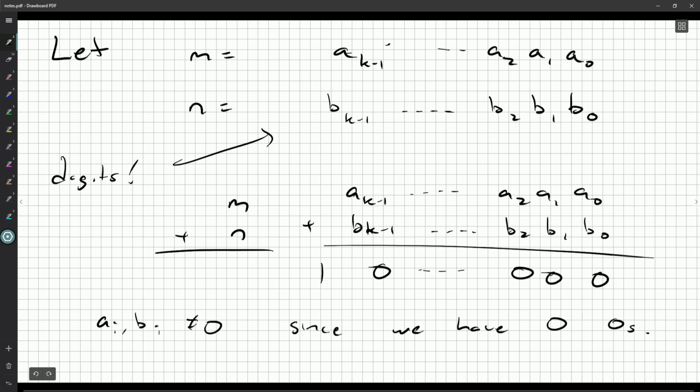So A0 plus B0, it can't be 0 plus 0, so this has got to be a 10, because it can't be 20. I guess we can say Ai and Bi are always between 1 and 9. So that means that Ai plus Bi is always between 2 and 18.